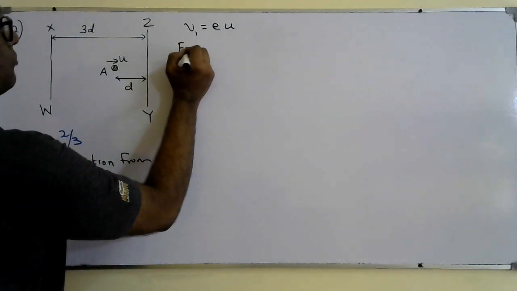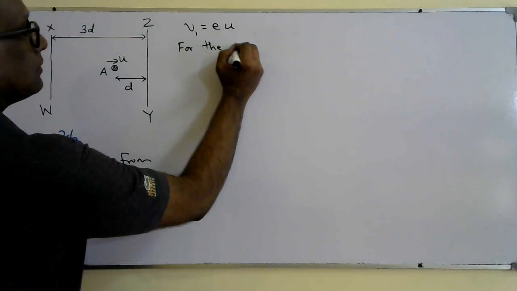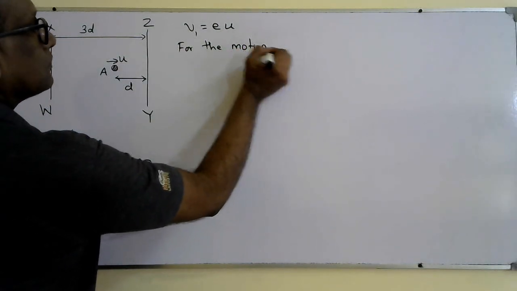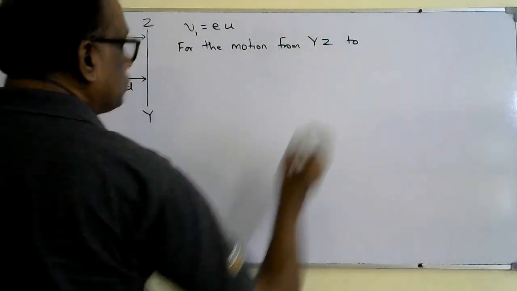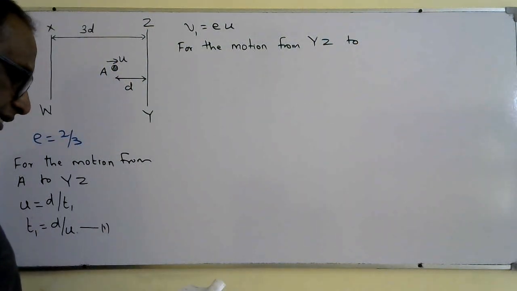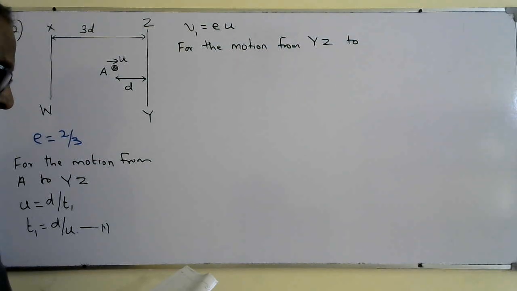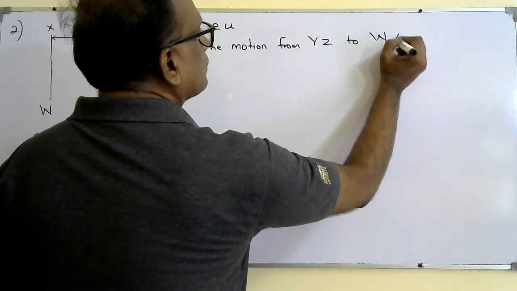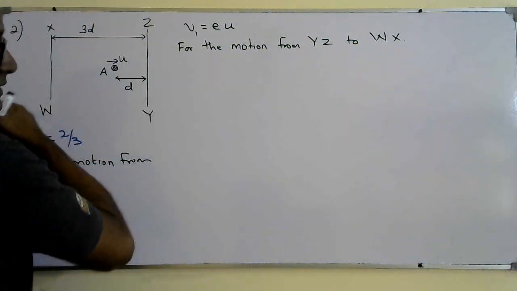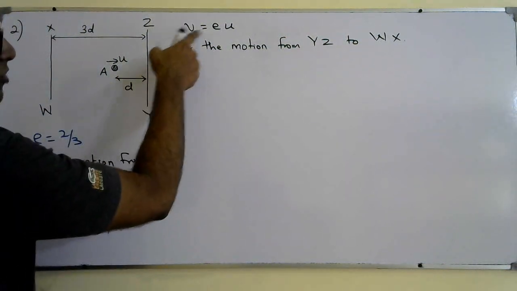So we'll consider the motion from YZ to WX. After collision, it bounces off at this speed.